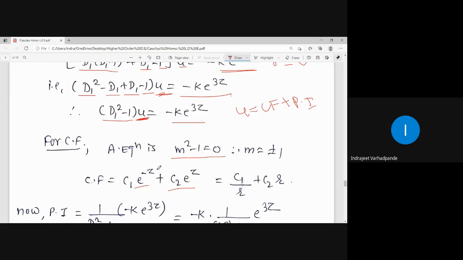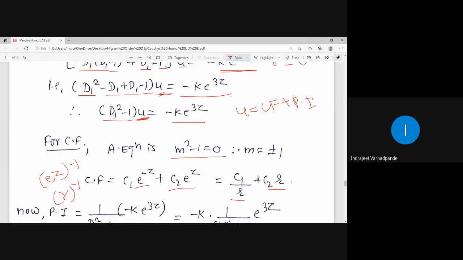So in place of e to the power z, I will use r. So e to the power z is r, and (e to the power z) whole raised to minus 1 is r to the power minus 1, which is 1 by r.